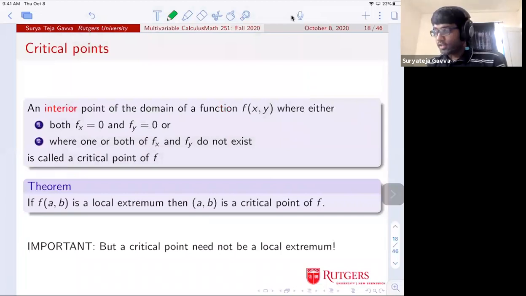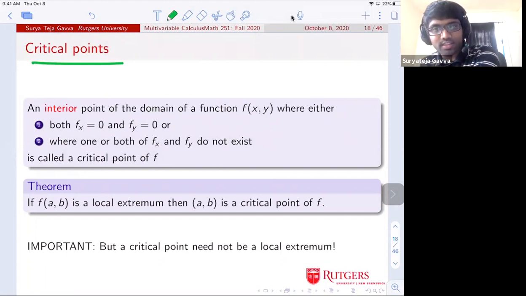And then the notion of the critical points. Can you guys tell me what a critical point is? Do you guys remember what a critical point is in one variable? Anyone? A critical point in one variable?